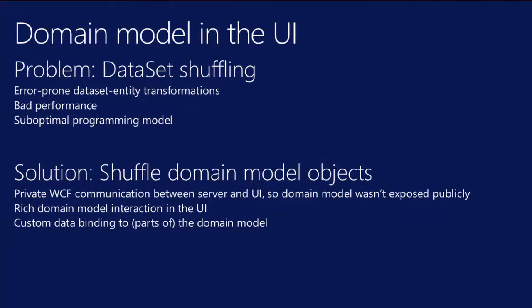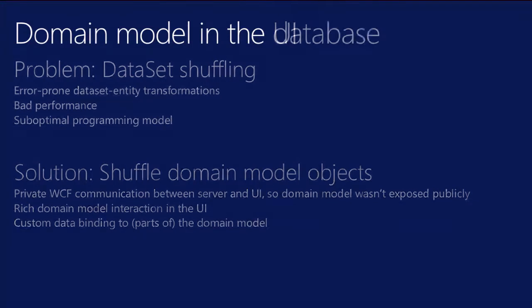So it wasn't the case that we exposed the domain model to other systems. It was still within the system. And that allowed us to have a rich domain model interaction in the UI instead of interacting with datasets. And we could also have a custom data binding and bind to parts of the domain model directly in the UI and have as little model transformations as possible.